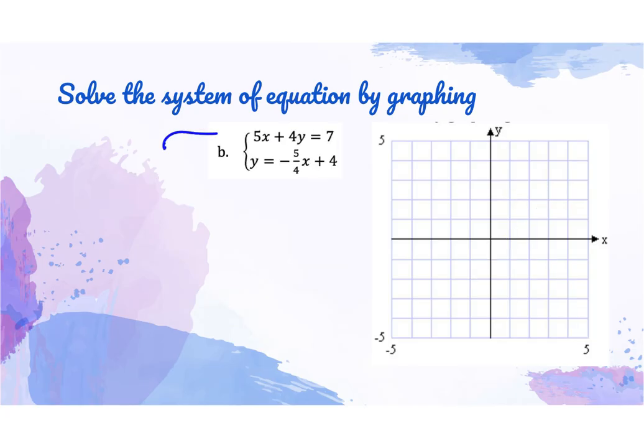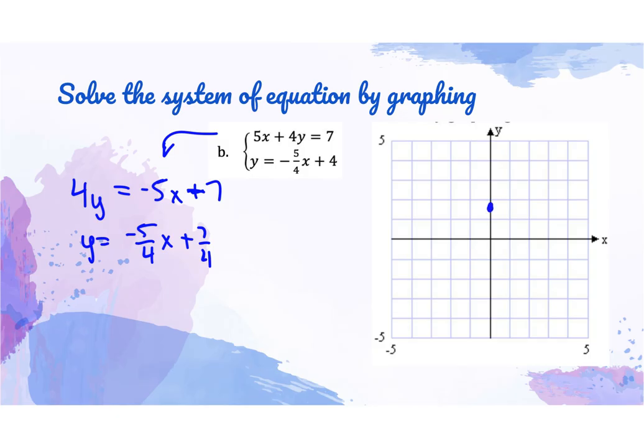So for this one, if this becomes 4y equals negative 5x plus 7. Sorry, I got there eventually. So then y equals negative 5/4 x plus 7/4. 7/4 is going to be not quite 2.